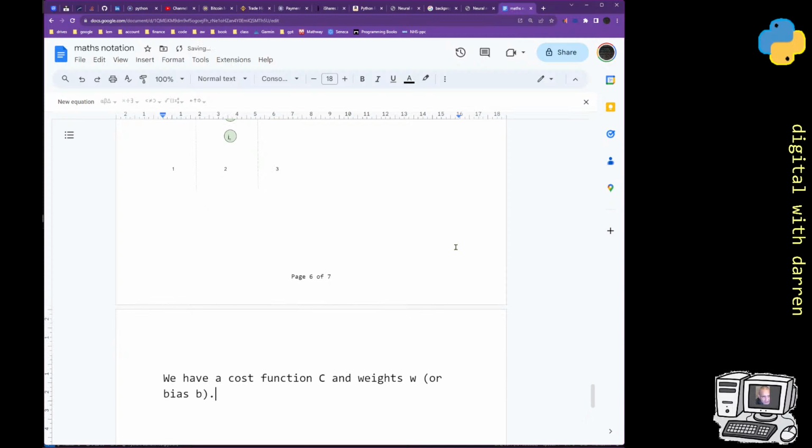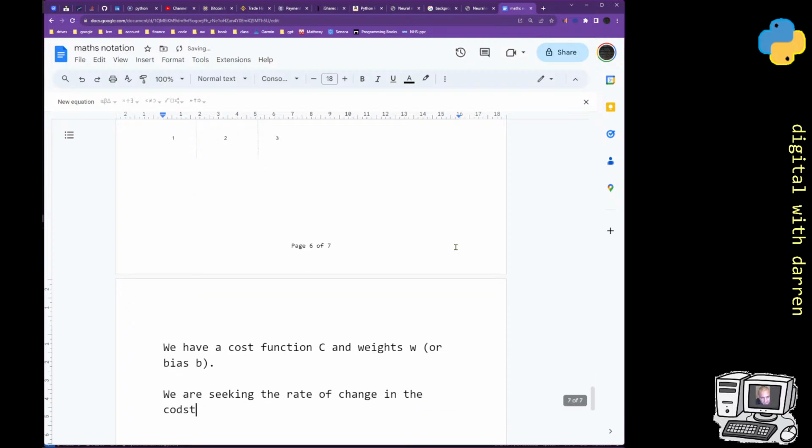For a bias B, we're going to use weight, and what we are seeking is the rate of change in the cost function relative to a change in the weights. And that is this expression here.